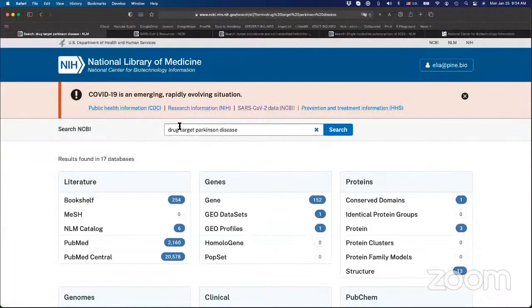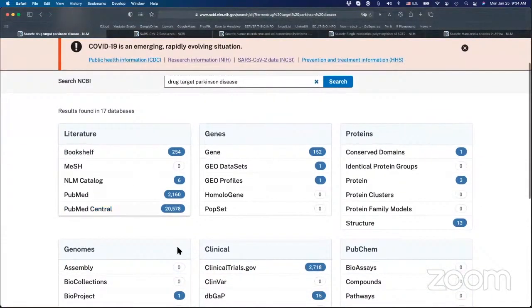So the first project that you proposed was drug target in Parkinson's disease. And so let's take a look briefly at what types of data are available and how much. So there's a lot of books and publications and different kinds of references in literature, which obviously we would expect. But here we have some information about genes. Now, who knows what GEO stands for?